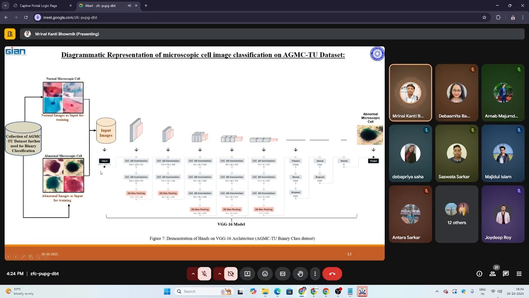First of all, as you have already seen in the architecture, it takes the input images 224 cross 224 cross 3, and we'll be passing through the convolution layer, which is 224 cross 224 cross 64, and 64 is the number of filters. After that we will be doing max pooling.